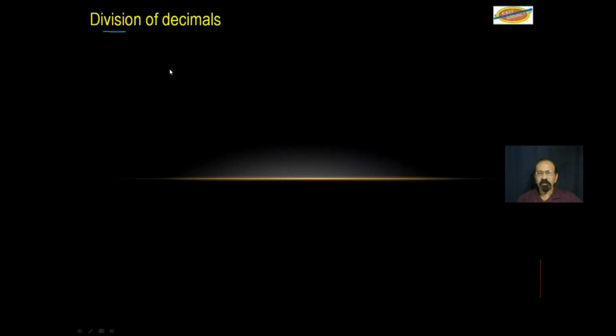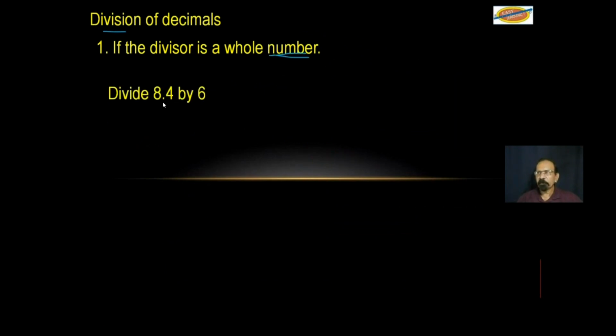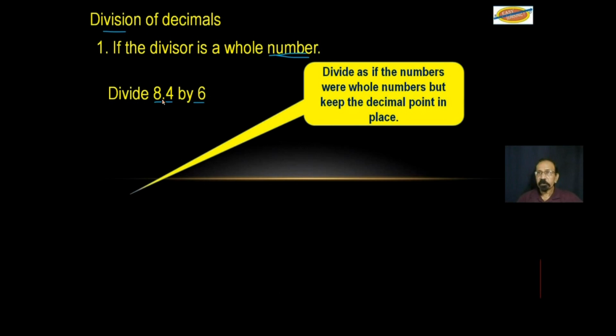Now we come to division of decimals. If the divisor is a whole number, for example, 8.4, that's the decimal, divided by 6, you just divide it as you would with whole numbers and keep the point where it is.